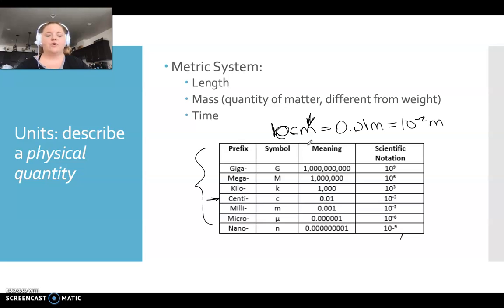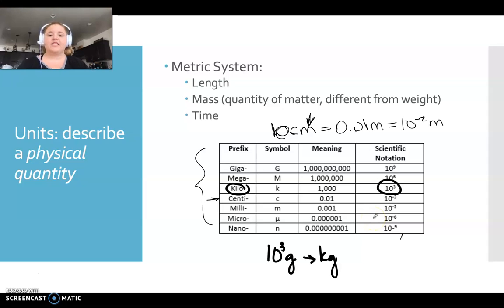If I have grams and I want to go to kilograms, kilo tells you that it's 10 to the third. So to get from grams to kilograms, there are 10 to the third grams per 1 kilogram. That's what this means.